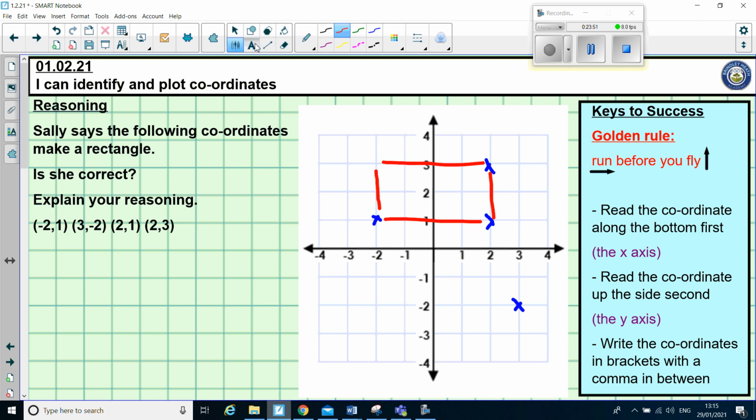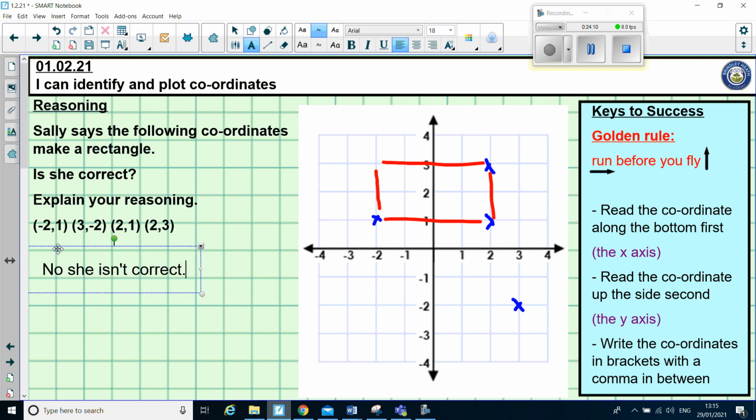So if I was writing my reasoning answer out here, what I would write then, I've got to go back to the question and answer what the question says. So the question says, is she correct? So first of all, I would write, no, she isn't correct. Sally's coordinates do not make a rectangle.